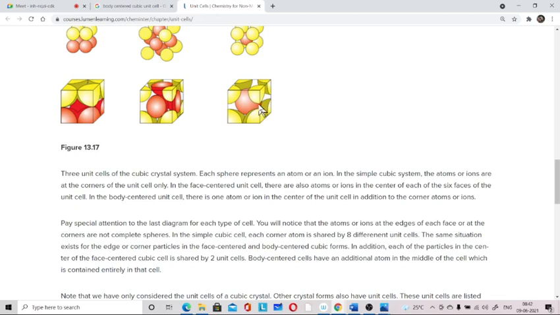So what happens is that in the body centered cube there is one large sphere, and the smaller spheres. Basically it is cesium chloride. Cesium is a very large atom at the center, and chlorine compared to cesium is very, very small.